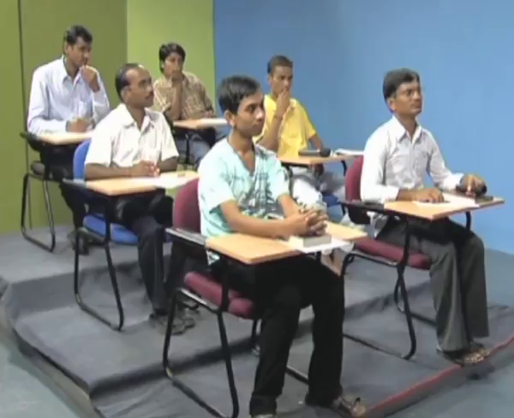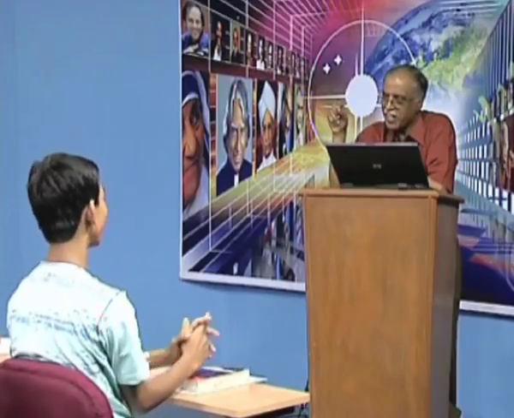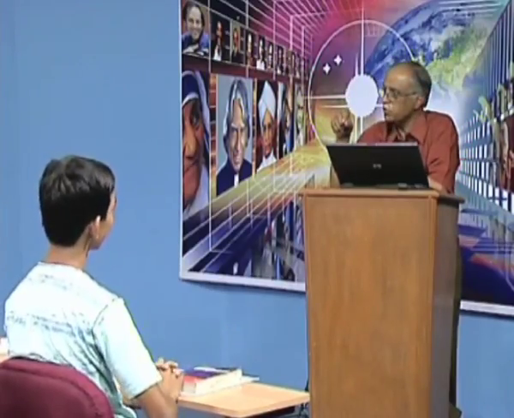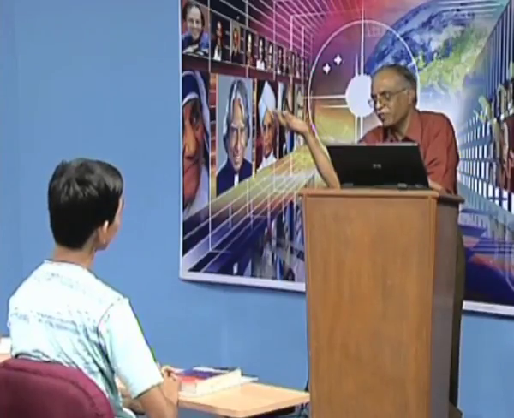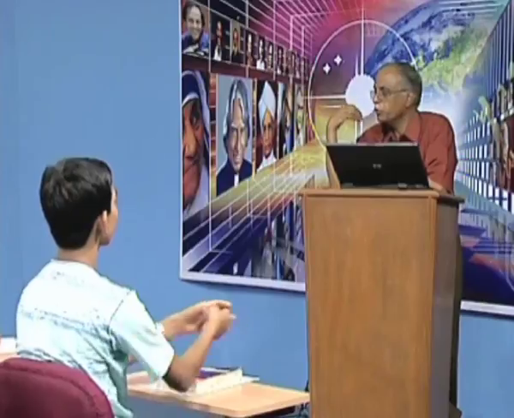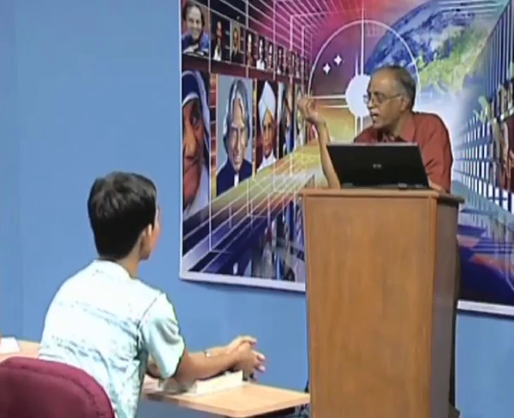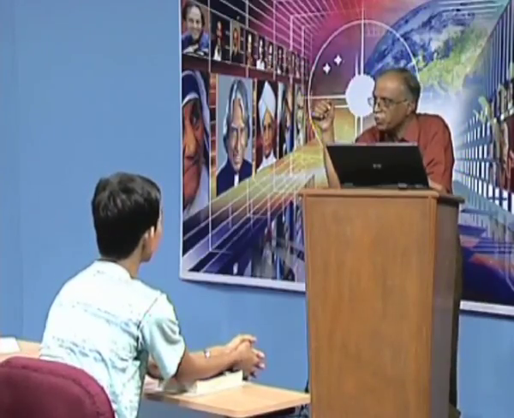So, to overcome this, we can divide a class into smaller groups. Each group can have 4 or 5 students, and they can talk. That will be real communication. It's possible for us to make our classroom look like the world outside. It's not difficult. But the only thing is, we should be trained to do that. We should learn to do that.